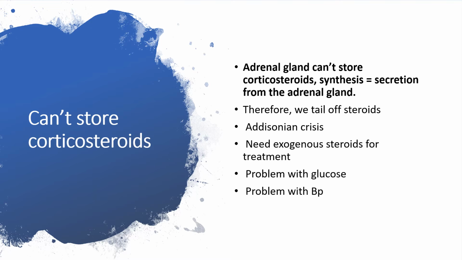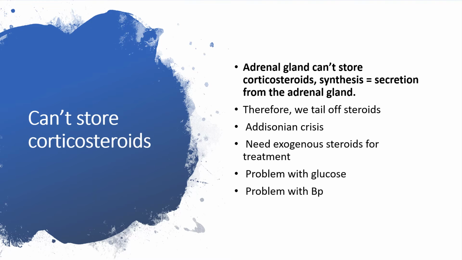Because there is no storage of corticosteroids, that's why we do run into Addisonian crisis when there is stress or insult on the adrenal gland. Unlike the liver that will store glucose in the form of glycogen, and gluconeogenesis or glycogenolysis will occur and release the glucose into the circulatory system, we don't have that luxury when it comes to the adrenal gland and storage of corticosteroids.